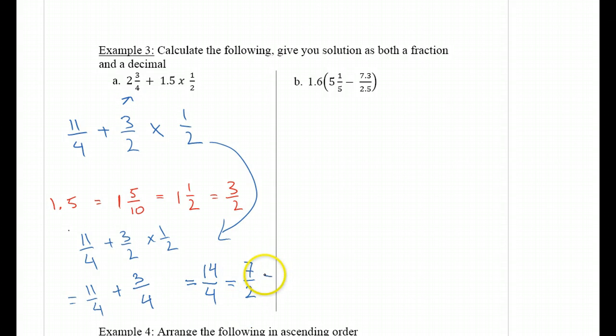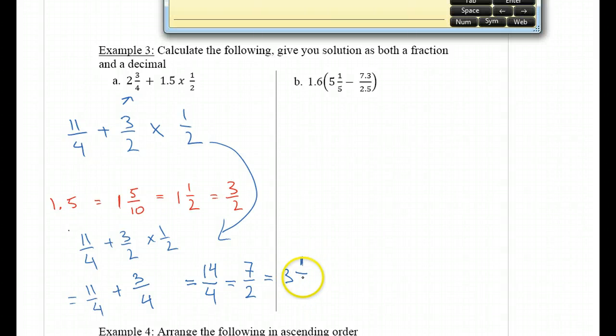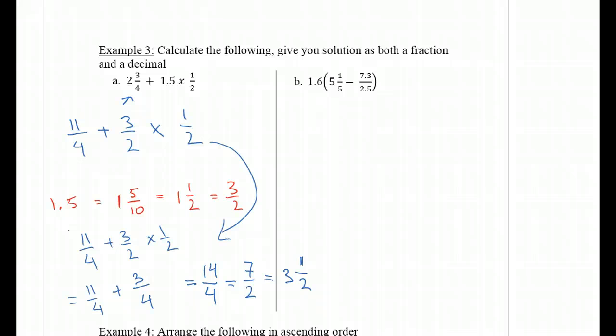And finally, I'm going to make that into a mixed fraction. 2 goes into 7 3 times, and then I'm going to have 1 left over because 3 times 2 is 6. But I have 7, so I'm going to have 1 left over and 1/2. All right, that was a long one. Circle that one there. Okay, moving on.